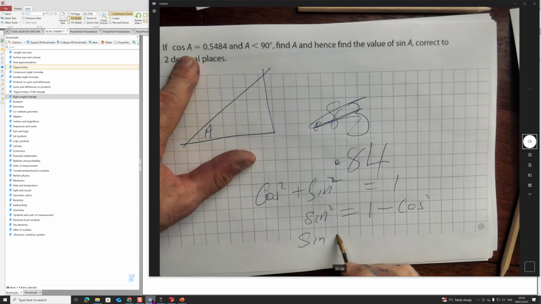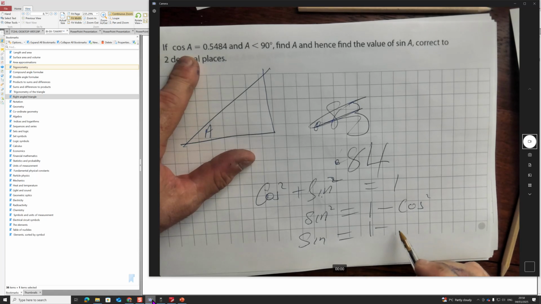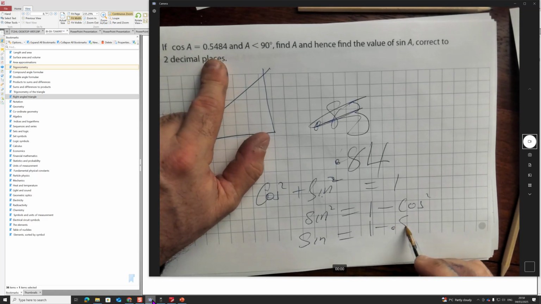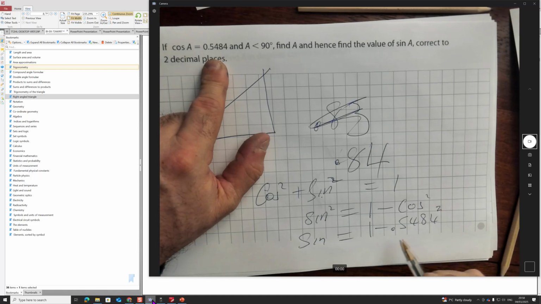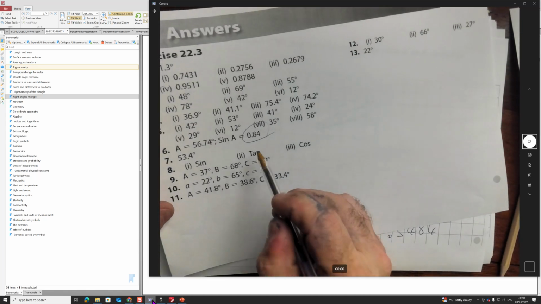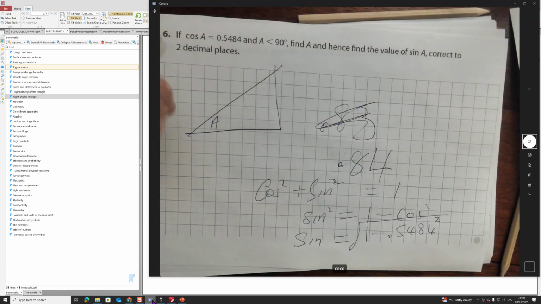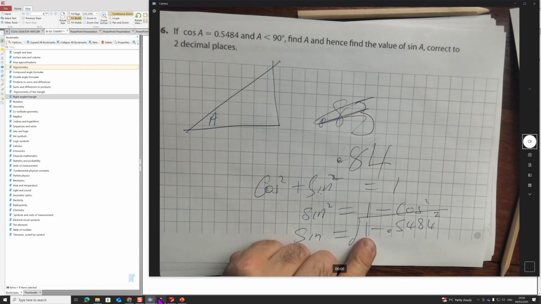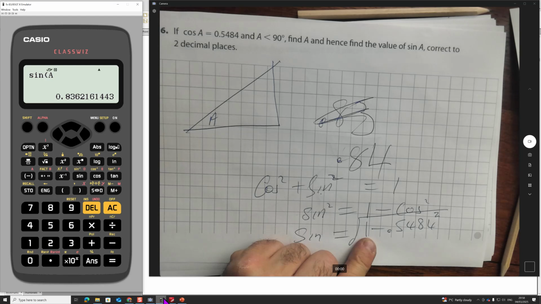And then take the square root and you're done. So what I'm saying is 1 minus 0.5484 squared, take the root, will give me the same answer as this 0.84. Check it.